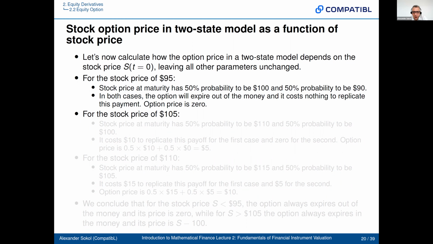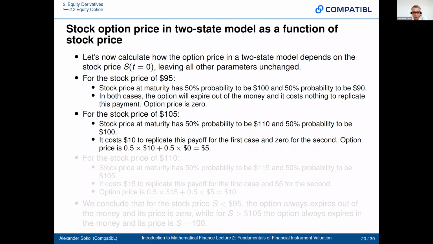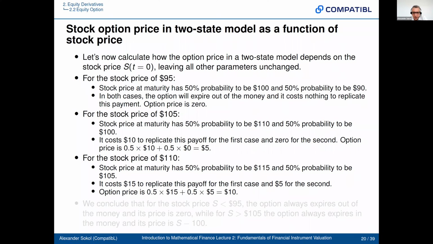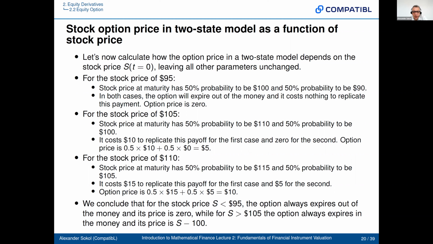If the stock price today is 105, same calculation, the option price is 5. If the stock price is 110, then the price is 10. And when you do it for a couple of other prices, you will notice that for any price below 95, the option always expires at the money.